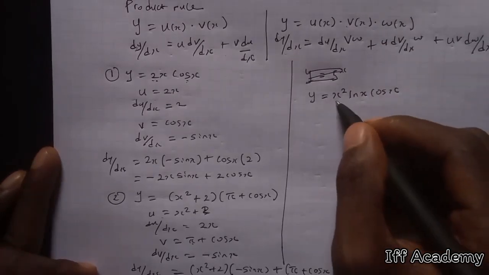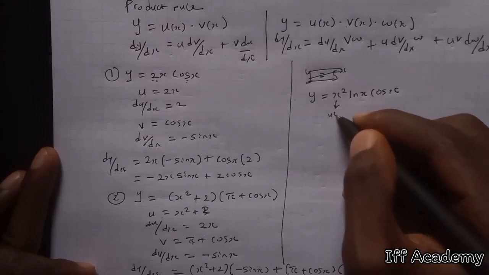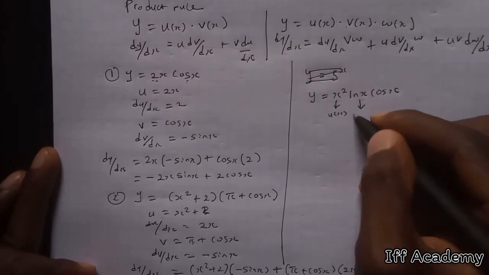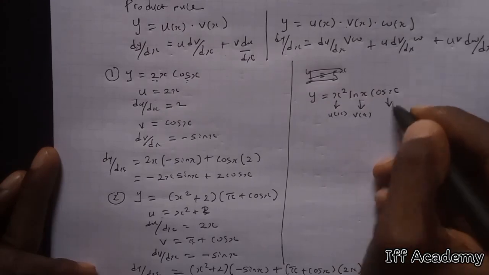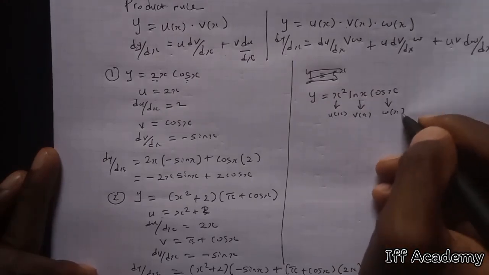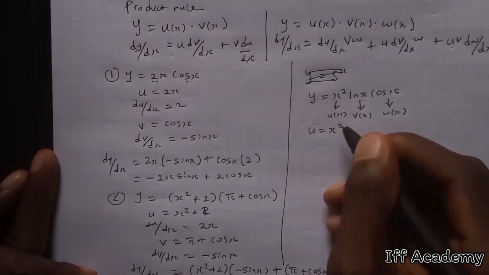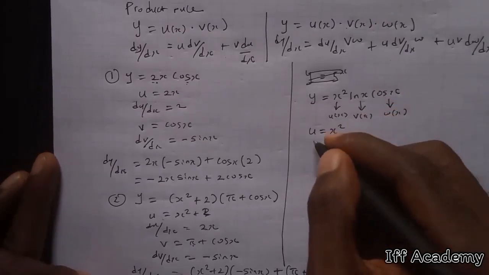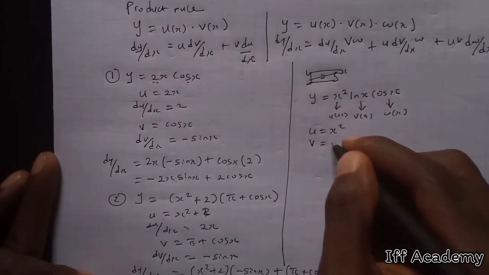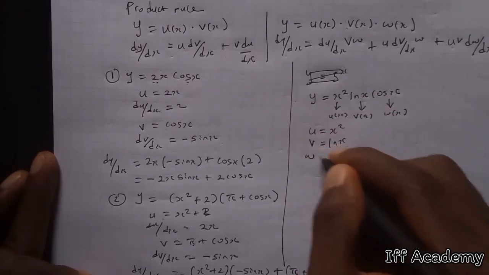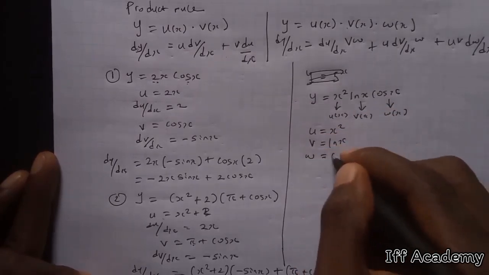So this is u of x, this is v of x, and this is w of x. So u is equal to x squared, your v is equal to ln x, and w is equal to cos x.